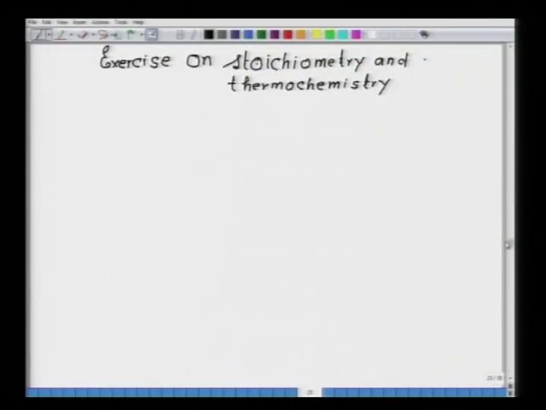So, the solution of problem 7, for example, says that I will write moles of aluminum produced, that will be how much, can you tell? That will be 300 divided by molecular weight of aluminum.